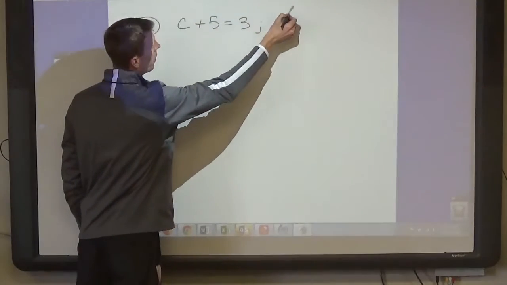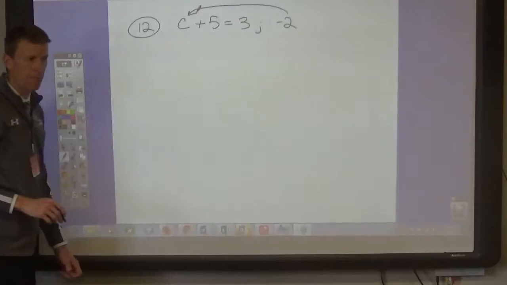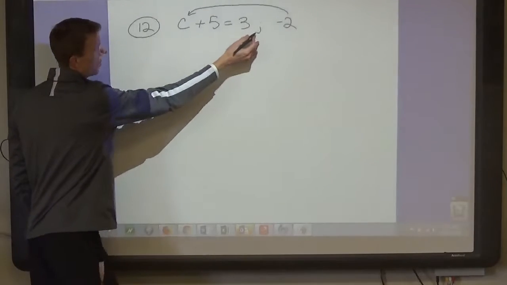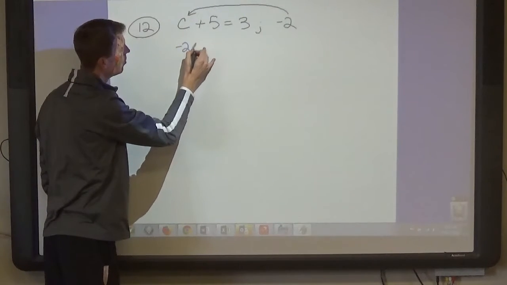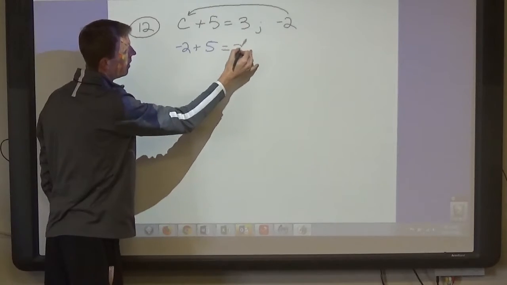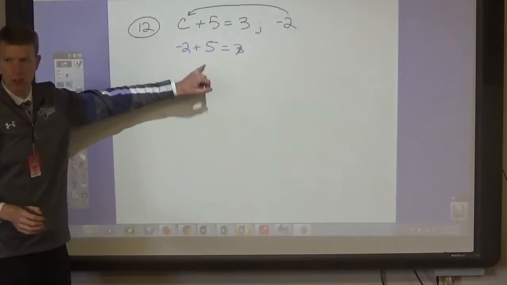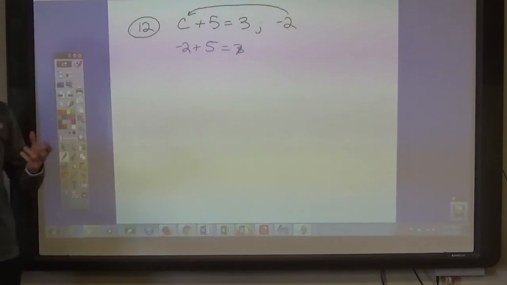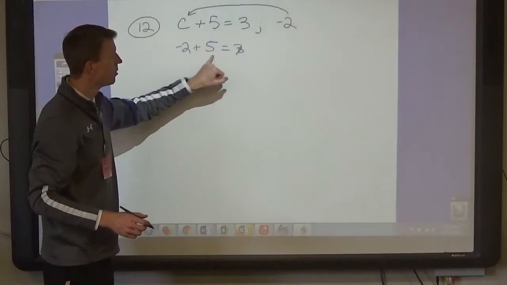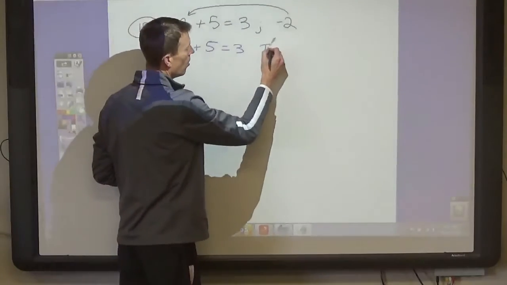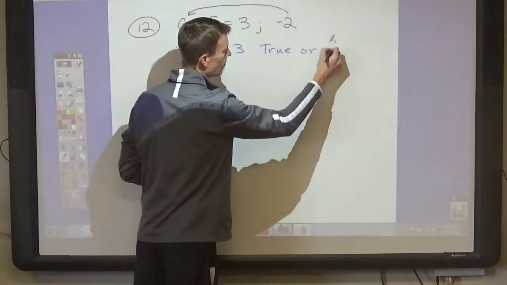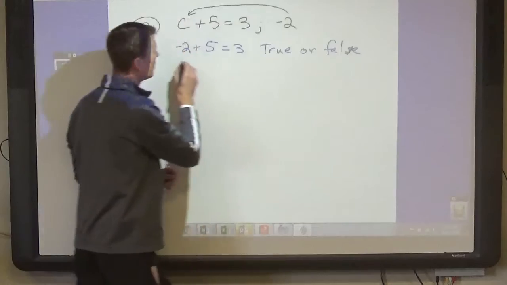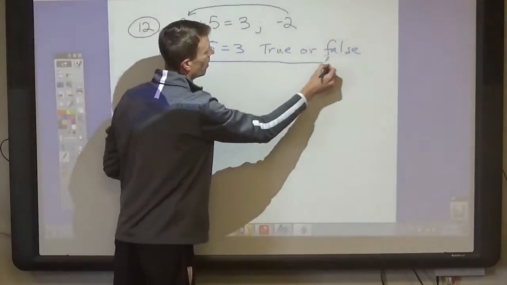So, can we put this number in place of C and make a true equation? So this is what you'll have to do for this section: substitute the number in, negative 2 plus 5 equals 3, and then tell if it is true, false, or open. Or sorry, it's not going to be open because you're going to substitute the number in. So you just have to write if it's true or false. And you don't even have to explain this one. So you can just substitute the number in and then write true or false.